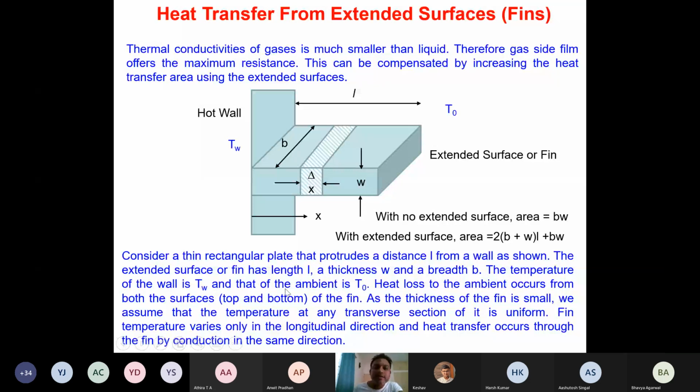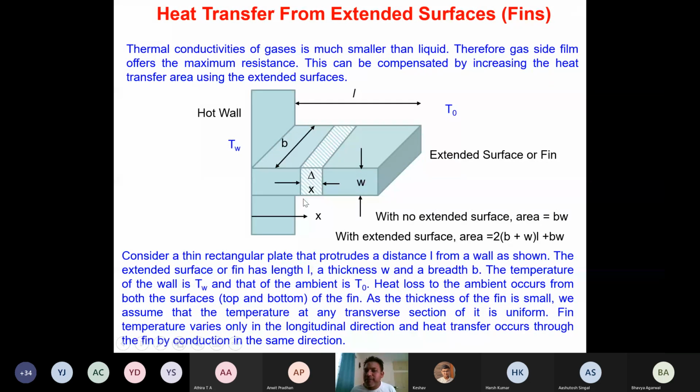Even though heat transfer takes place from the top surface and the bottom surface, we are not considering the temperature gradient along the transverse, vertical direction, because the thickness of this fin is much smaller compared to the length, and the temperature distribution along the vertical direction is neglected.